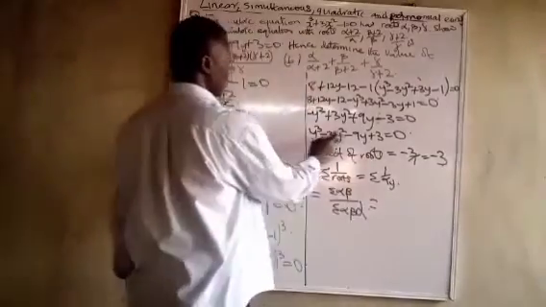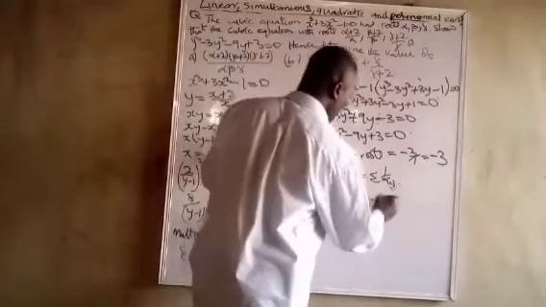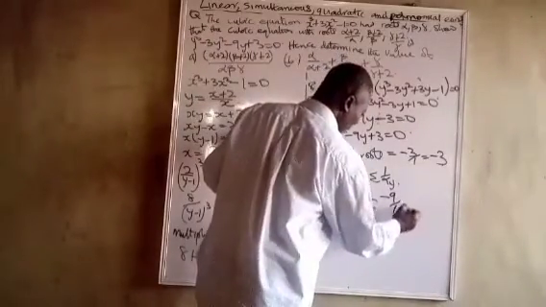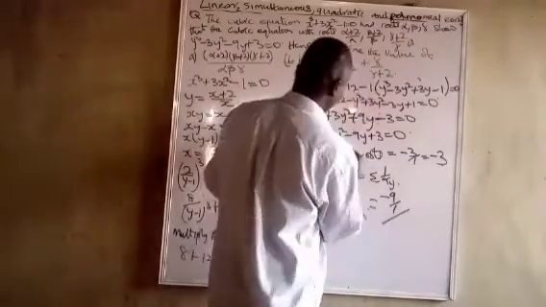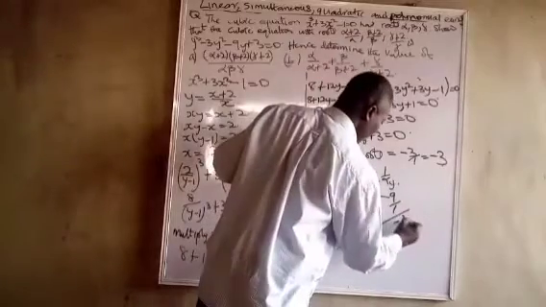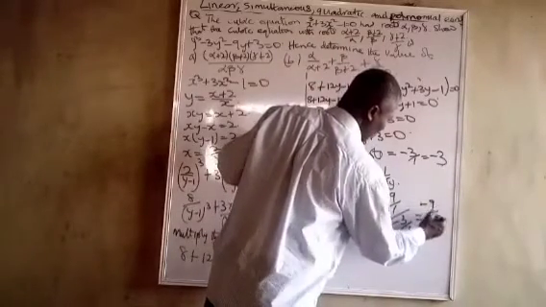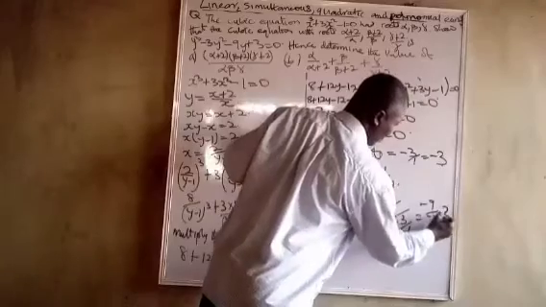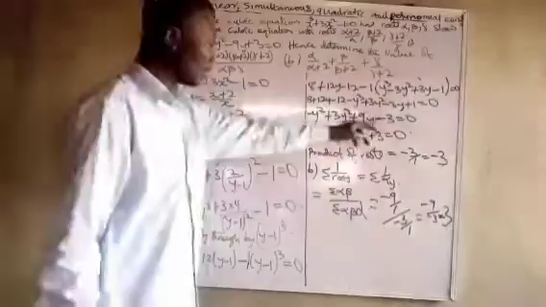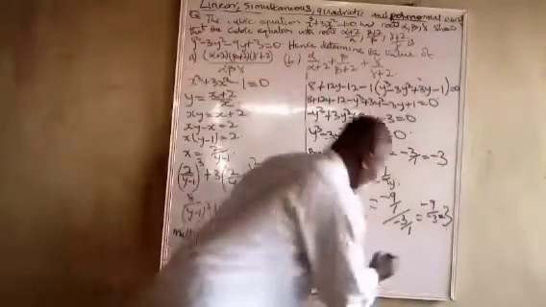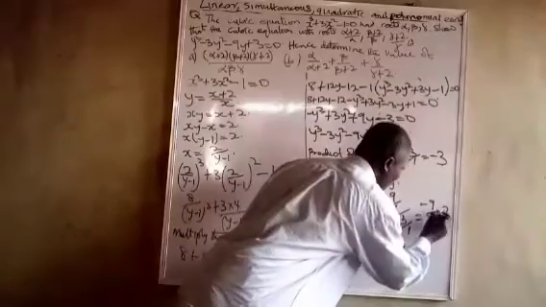And I said positive, negative, positive. So this one is going to be minus 9 over 1 divided by minus 3 over 1. And that's going to be minus 9 divided by minus 3, which is equal to 3. So you can see the product is minus 3 and the sum is 3.